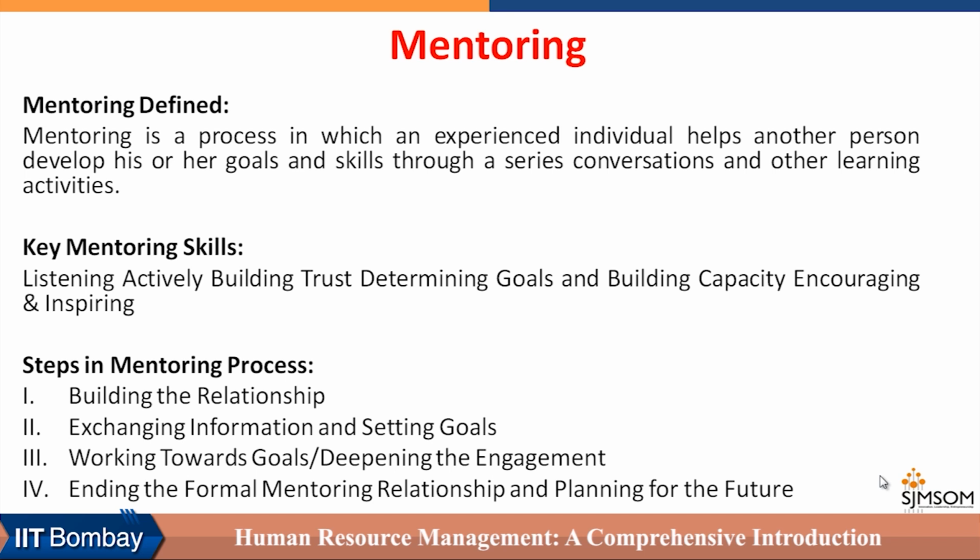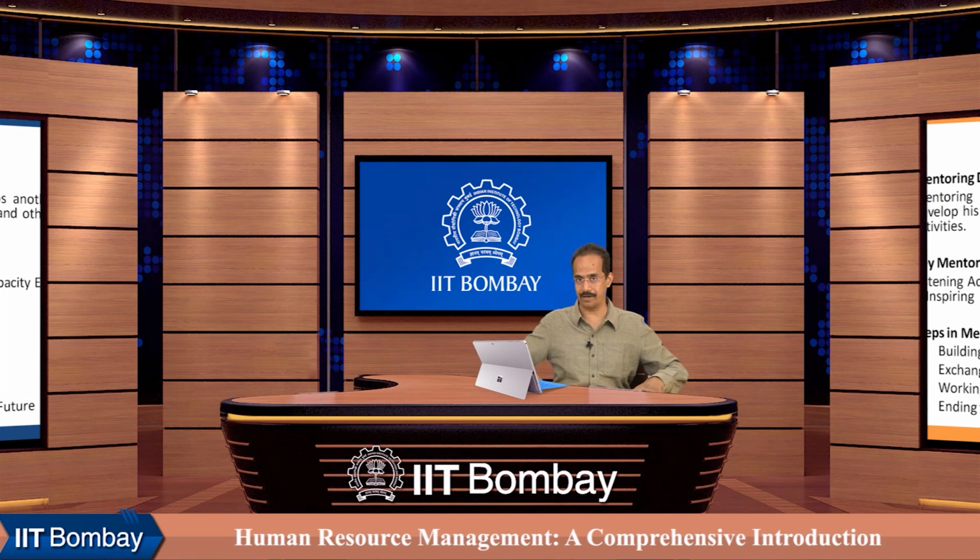Then working towards the goal and deepening the engagement, that is the longest part, or the essence of the mentoring process, wherein there is a series of conversations. They can talk about their multiple stakeholders, their multiple life goals, their life situations, challenges, opportunities, what is going on in the business environment, what is happening in the immediate industry environment or general environment. In the context of that, what should be the most optimal goal, where the mentee should set his or her eye as his or her objective.